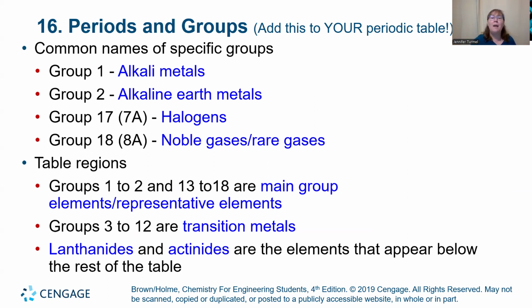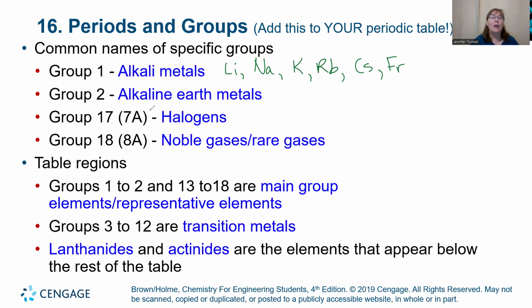Our alkali metals are group 1, and that means column 1 at the top. Our alkali metals are lithium, sodium, potassium, rubidium, cesium, and francium.